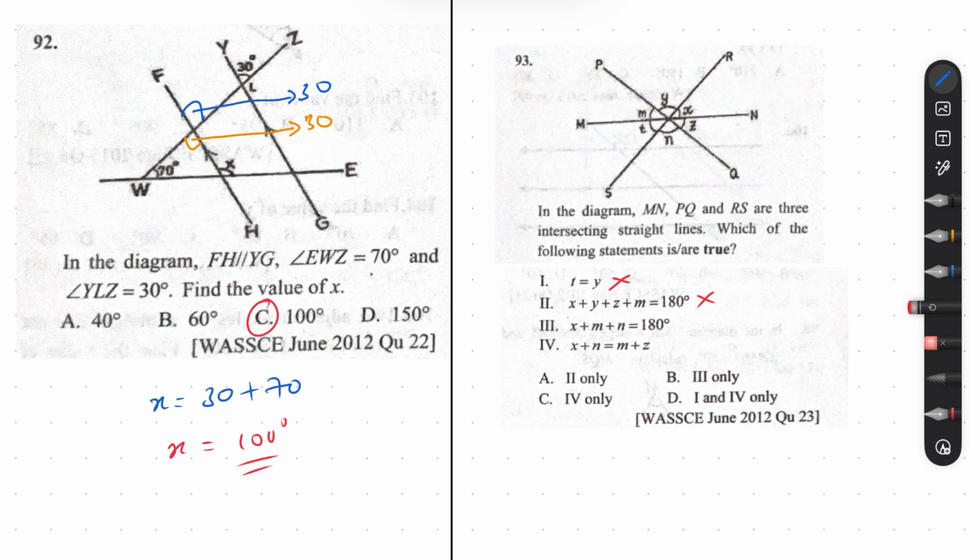So statement I is true. Now the last one, IV. It says X plus N is equal to M plus Z. That is false. So the only one that is correct is I, which is B. Our answer is B.